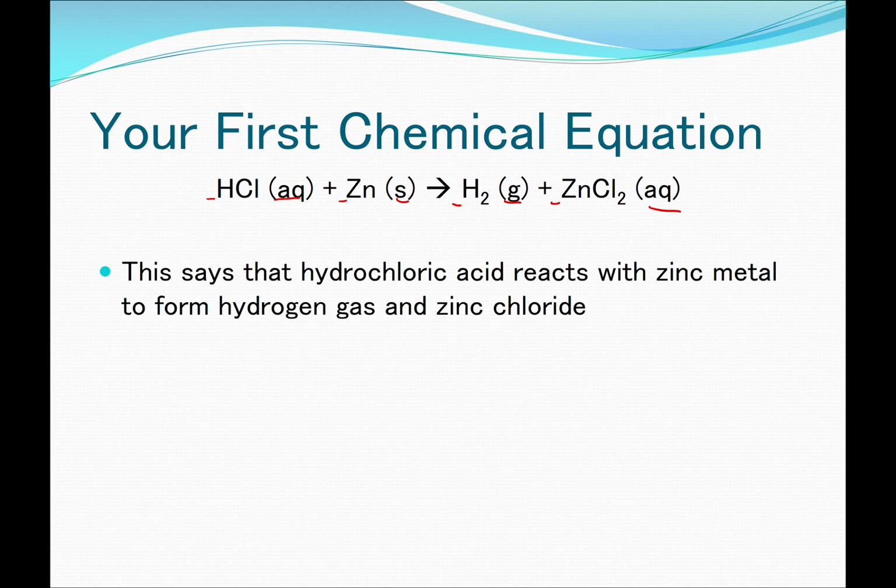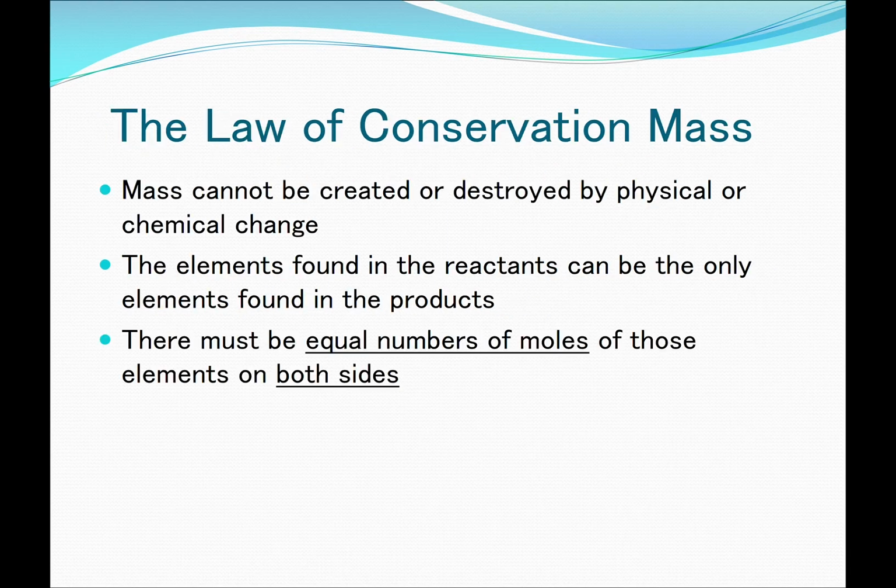The arrow separates reactants from products. So we'd have reactants, we'd have products. Now if we read this equation out, it says that hydrochloric acid, HCl, reacts with zinc metal to form hydrogen gas and zinc chloride, which is an aqueous solution.